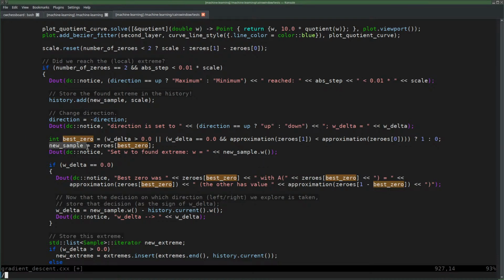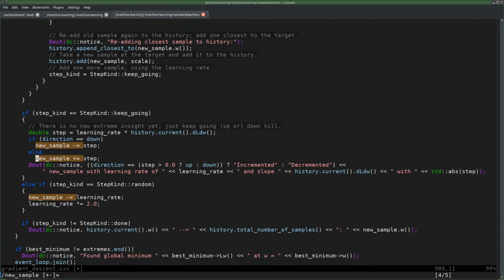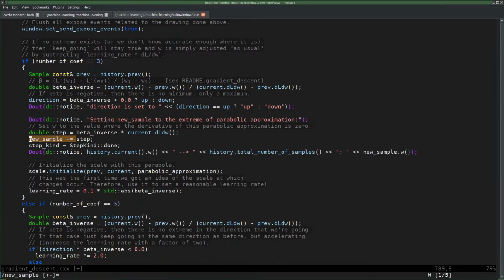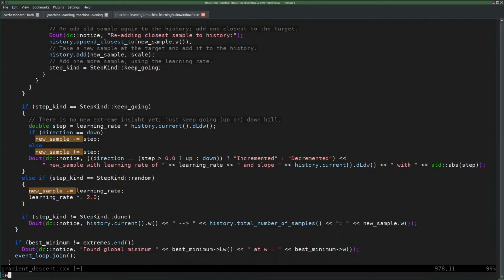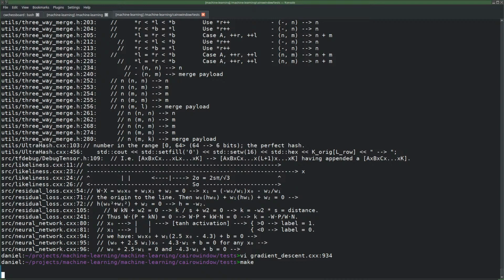We should just look for new sample equals. No, no, I shouldn't, because that's the only line. What? The other ones are I think plus or minus. Yeah. Okay, it should be less confusing now.